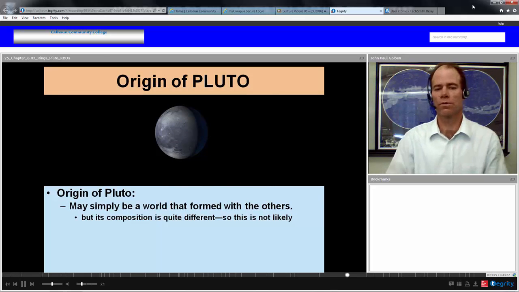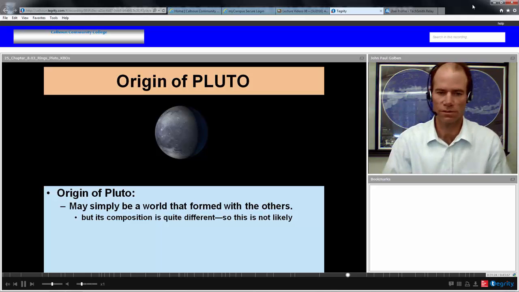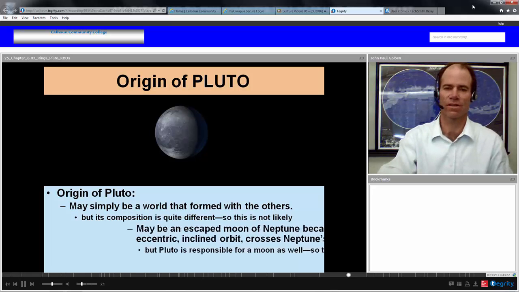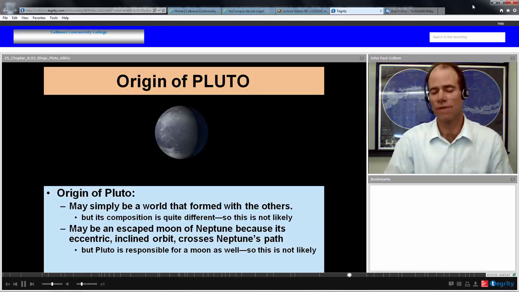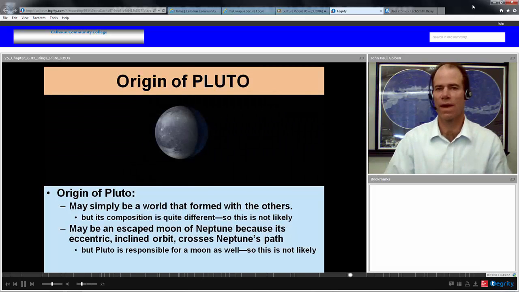Origin for Pluto: it may be a world that formed with the others, but of course its composition is quite different, so this is not very likely. It may be an escape moon of Neptune because its eccentric, inclined orbit sometimes crosses Neptune's path, so maybe they came close at one time.